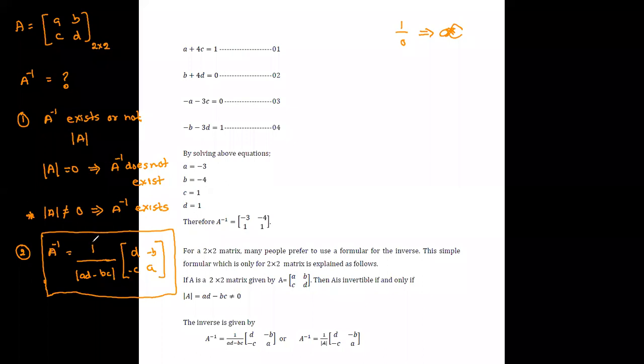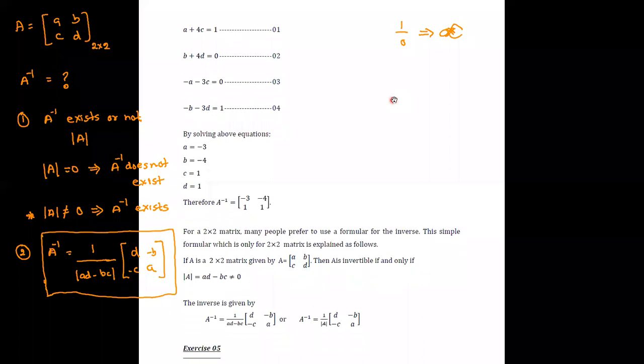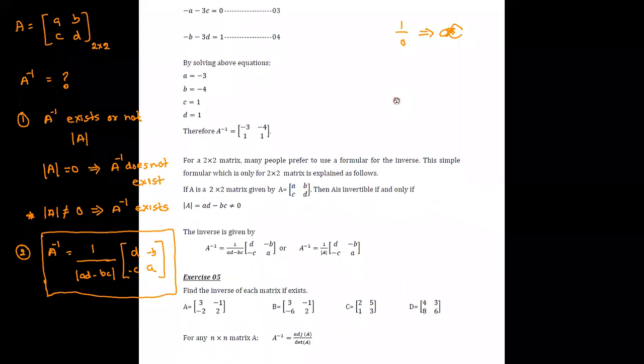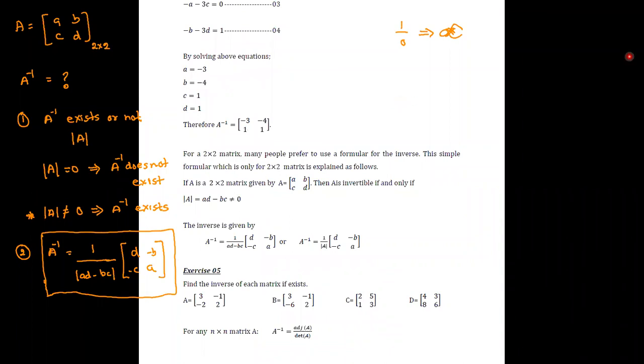Otherwise, at the end of the calculation, you may find that A inverse does not exist. That is why at the very beginning, I explained that some matrices have an inverse and some do not. And this method is valid only for 2 by 2 matrices, and we can extend this method to calculate the inverse for a 3 by 3 matrix as well.